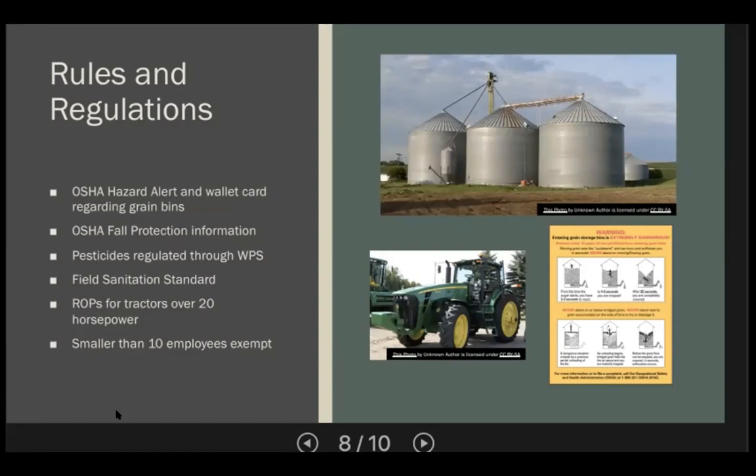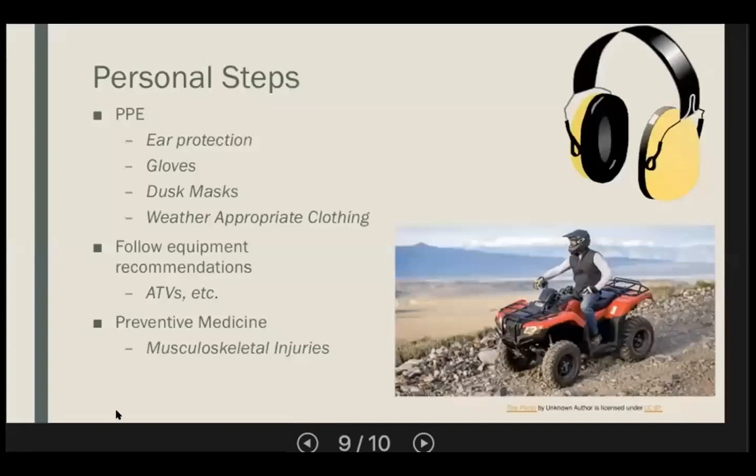So they're not actually regulated, but they do help give farmers the tools to make the right decisions. On the slide, I have an example of a wallet card about grain bin safety. And then they also publish fall protection information and education as well. And then a lot of it is still left up to using that information and then taking personal steps.